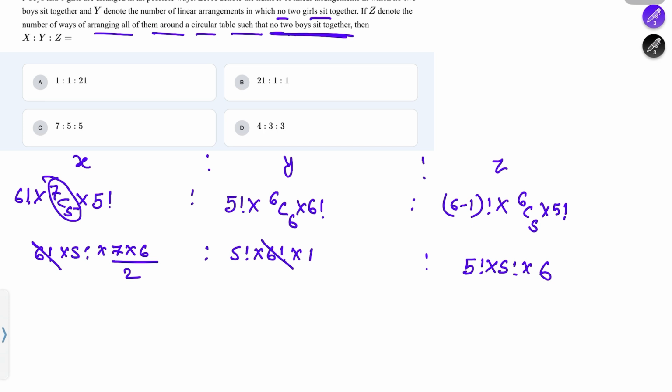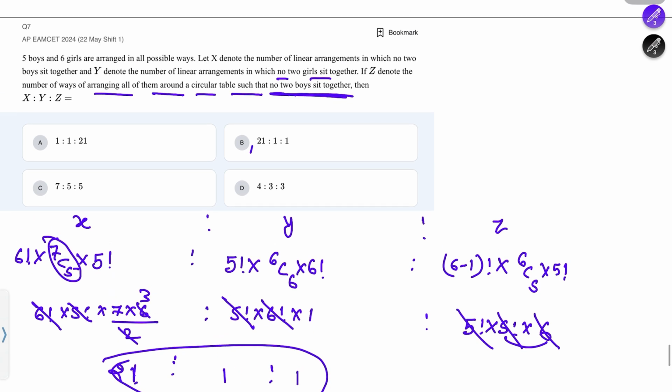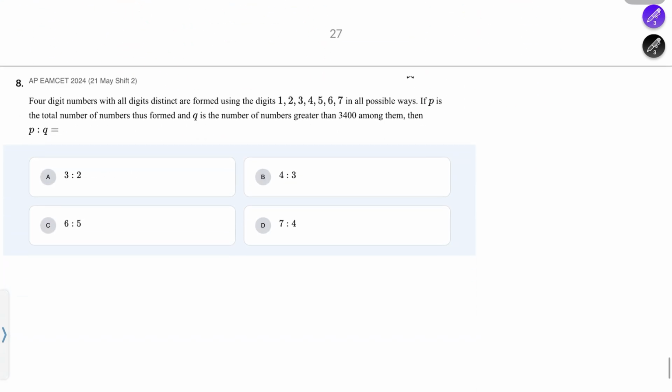And 6 factorial, 6 into 5 is also 6 factorial. This one also cancels out. 5 factorial and 5 factorial cancel out. So 21 ratio 1 ratio 1 is the answer. So according to this, the answer is B. Okay, the 8th question is completed.